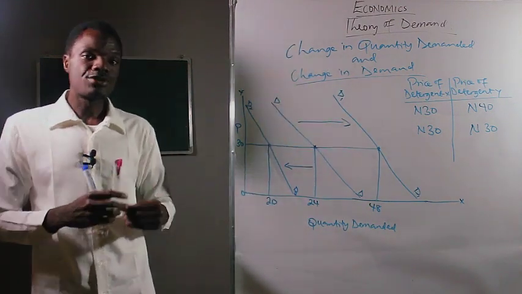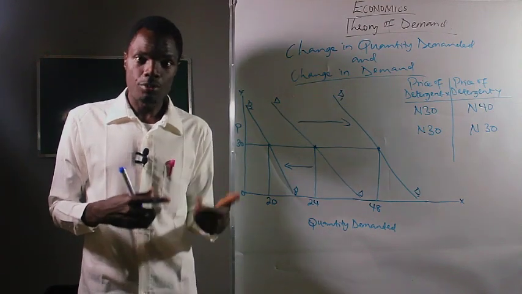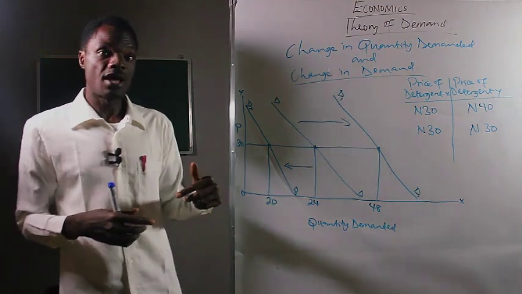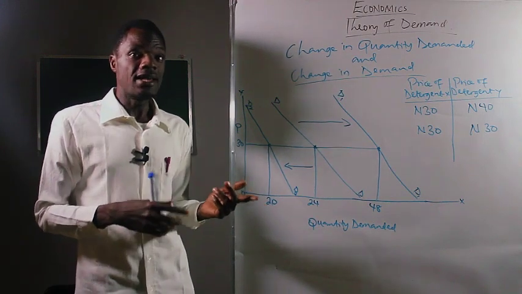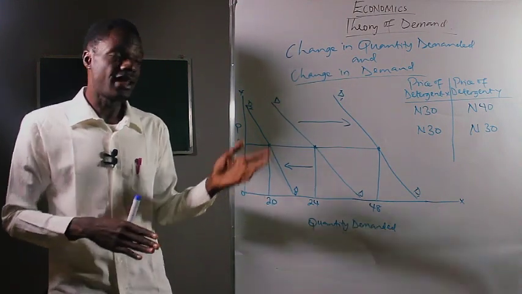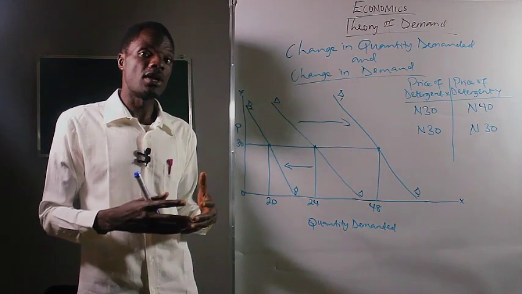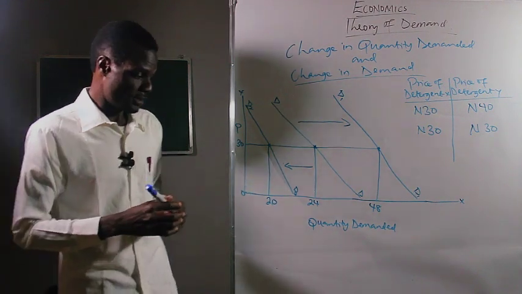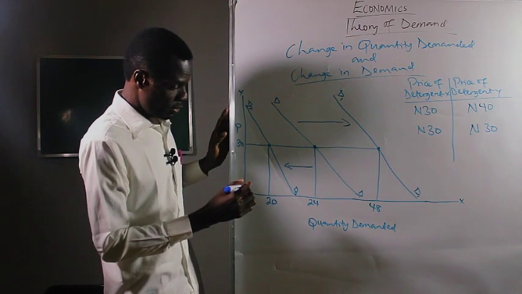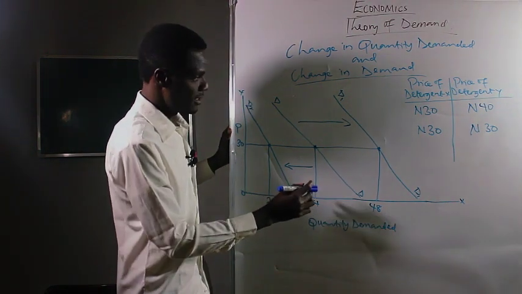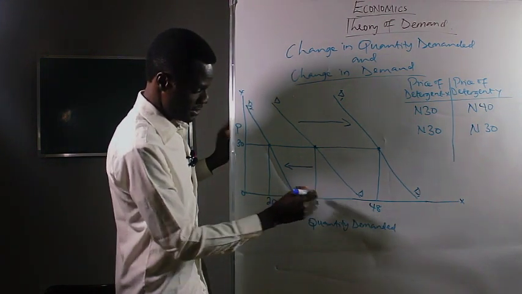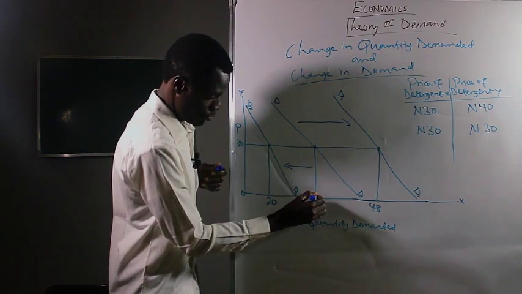So those that switch away from buying their product before have now changed their mind to buy it. And including those that are buying detergent X can even decide to buy detergent Y, maybe because it is more qualitative than detergent X. Now, suppose the quantity demanded of detergent X is here, 24.